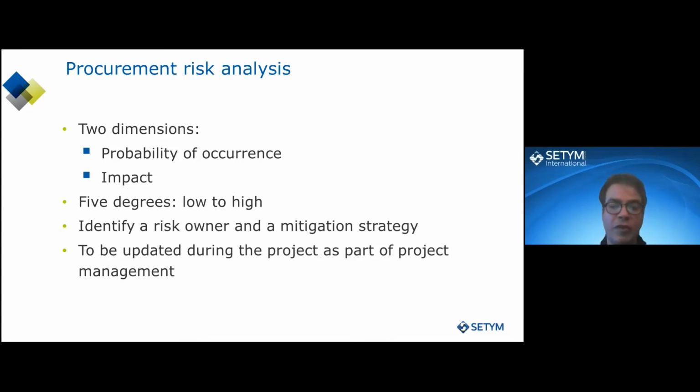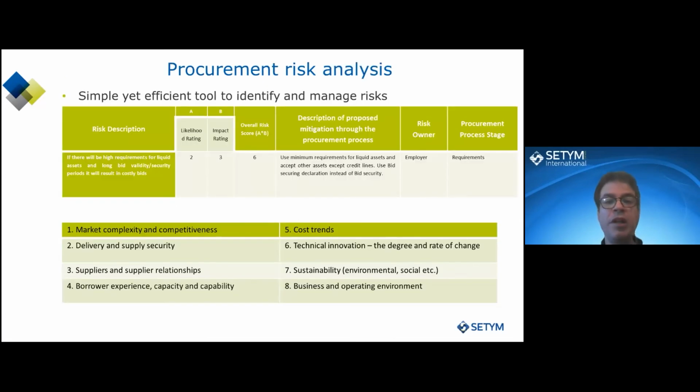It's a clause that you add in your bidding documents and then in your contract. If you haven't identified this as a problem, as a risk, and you don't have a mitigation strategy, you won't do it. Just a simple example. So it looks like that. You have a description, then the level of the risk.